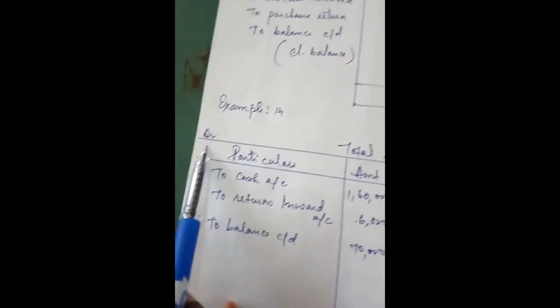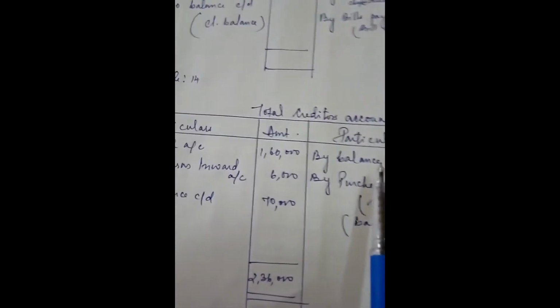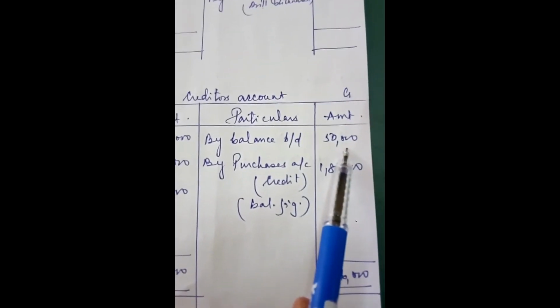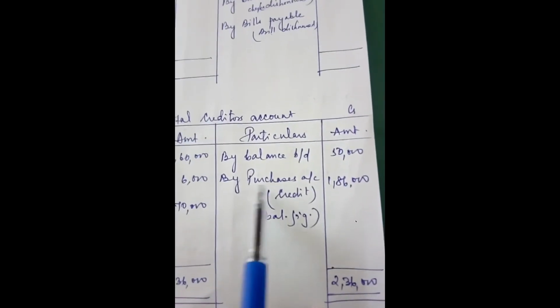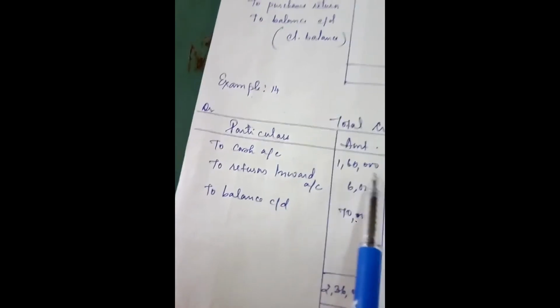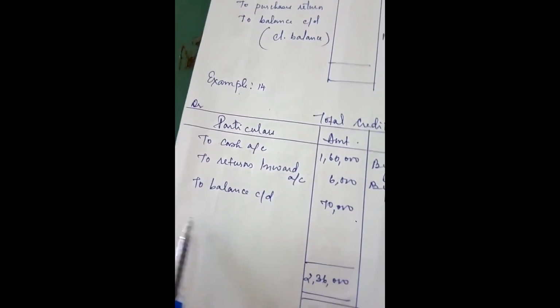So we write on top total creditors account, we place debit and credit, particulars and amount. Then in the credit side, by balance BD, that is opening balance 50,000, and then by purchases account we just write and we keep. Then in the debit side, to cash account 1,60,000, to returns account 6,000, to balance CD 70,000.